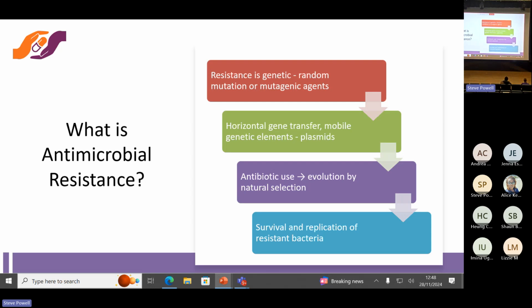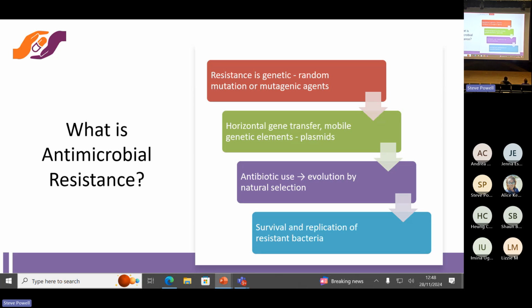Antimicrobial resistance, we know it's genetic. There's random mutation. There are some mutagenic agents that result in changes in the bacteria, or fungi or parasites, and to an extent viruses as well. There's a lot of horizontal transfer of genes between species, but there are also these rather irksome mobile genetic elements, plasmids, which can jump across easily, little pieces of encoding DNA that will go between species and convey resistance that way.